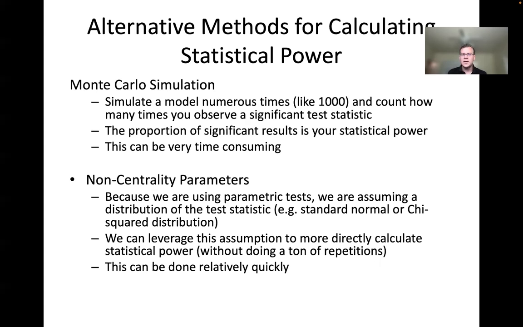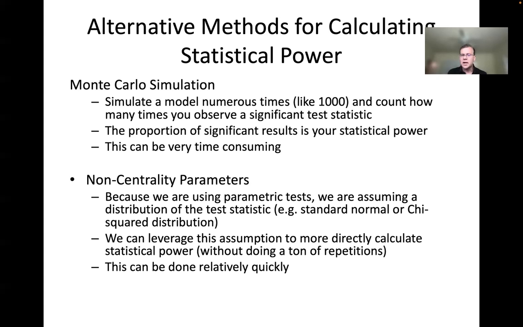The first method is a simple Monte Carlo simulation method, where you simulate a model under the alternative hypothesis numerous times, say 1,000 times, and then you count how many times you observe a test statistic for your parameter of interest that exceeds the critical value that you're looking for, so 0.05, for example.